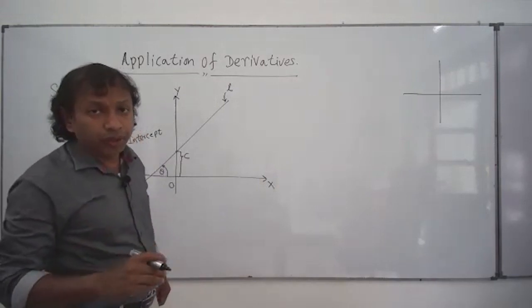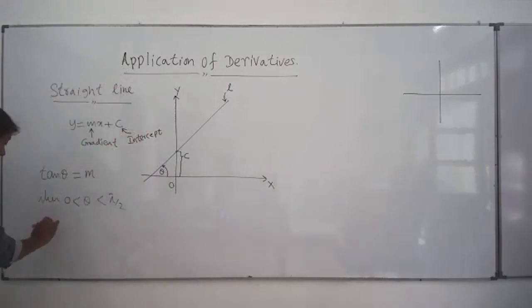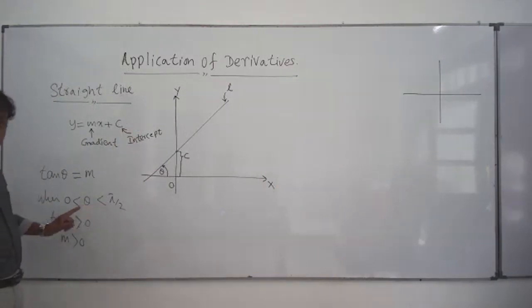So tan theta is positive, greater than 0, but tan theta is m. M is positive. Therefore, when the angle theta is between 0 and 90, the gradient of the line is positive.